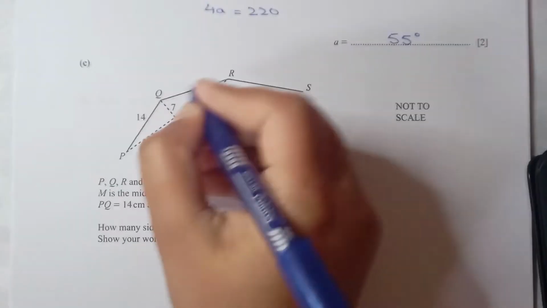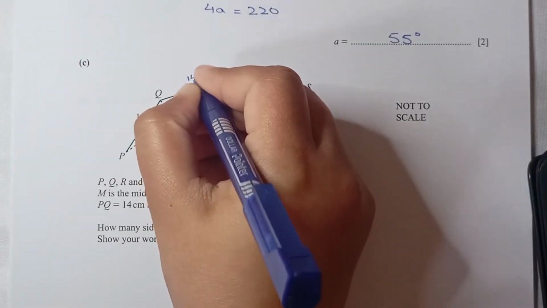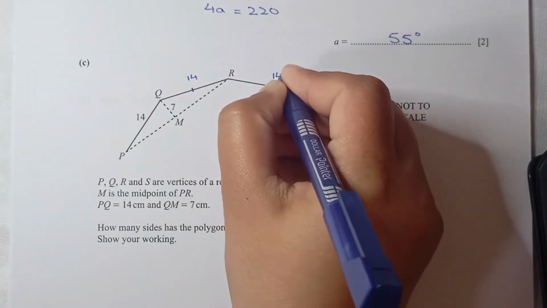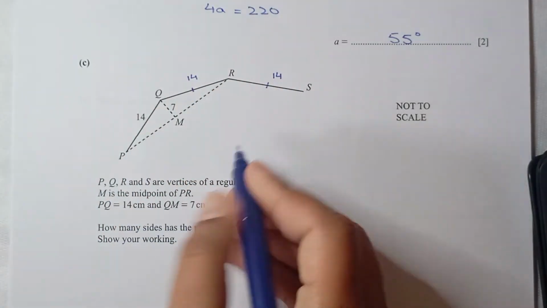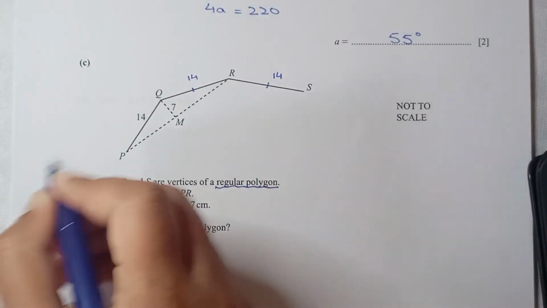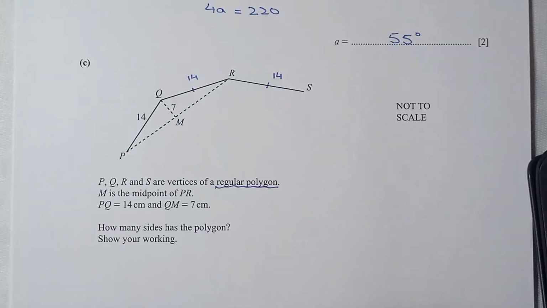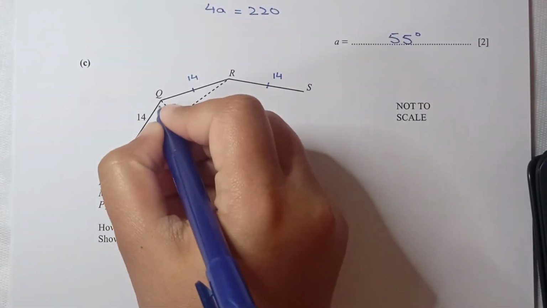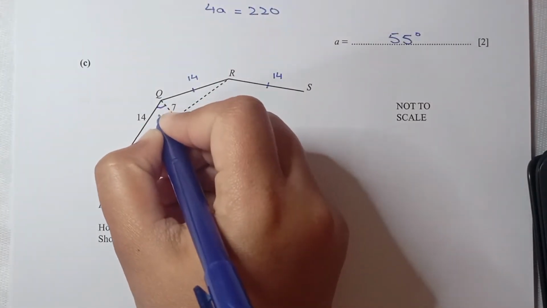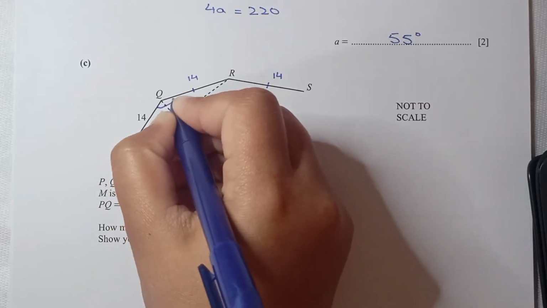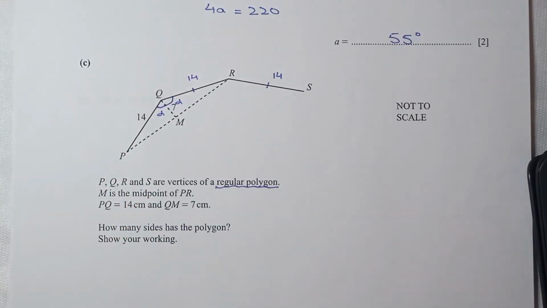So if PQ is 14, this side is also 14, and this side is also 14, right? All the sides of a regular polygon are equal, and all the interior angles are equal. So let's say this angle is alpha, so this angle is also equal to alpha, right?